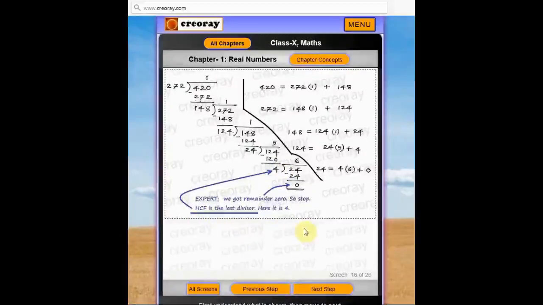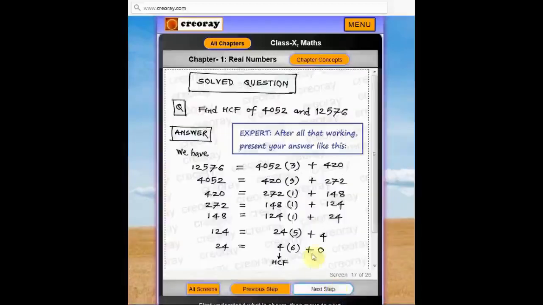Okay, now how do you present your answer? Remember, at every step you have written this in division lemma form. Now here's how you present your answer. That was the question. Now after all of that working, you should write it like this. Put down all your division lemma forms of each step, the remainder part, the quotient part. So 12576 equals 4052 times 3 plus 420.